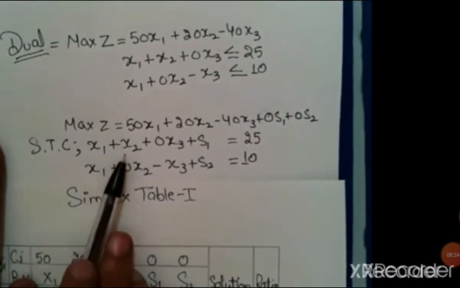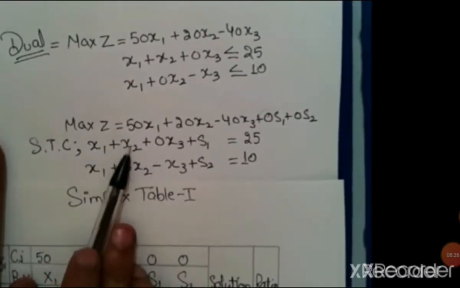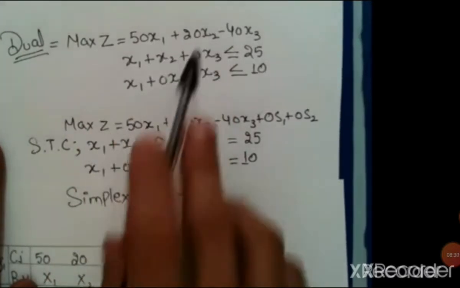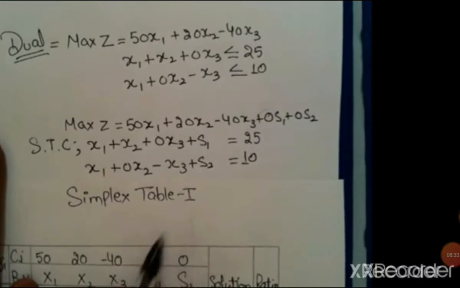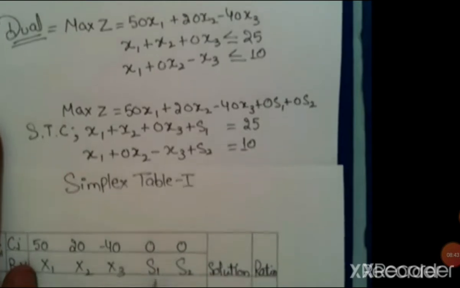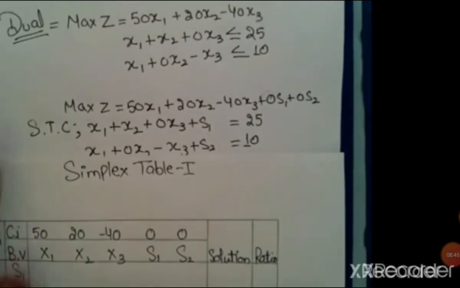Then write the coefficients of x1, x2, x3 in the first and second rows. In simplex table 1, you consider the dual problem, not the original or primal problem.